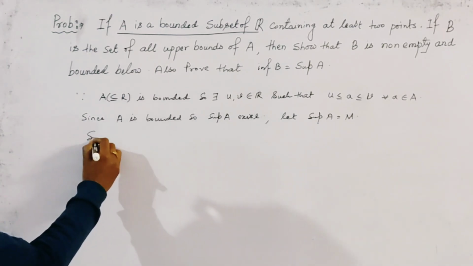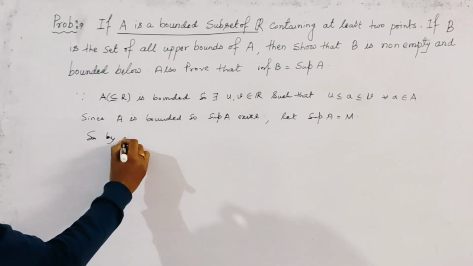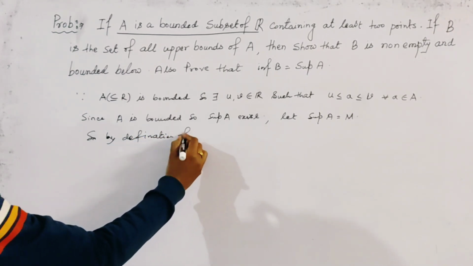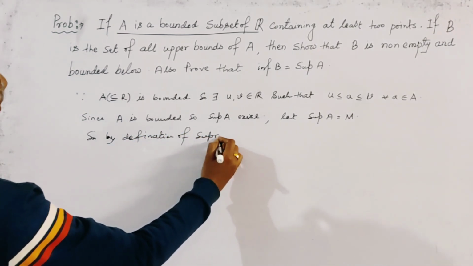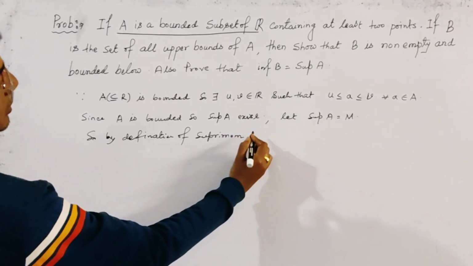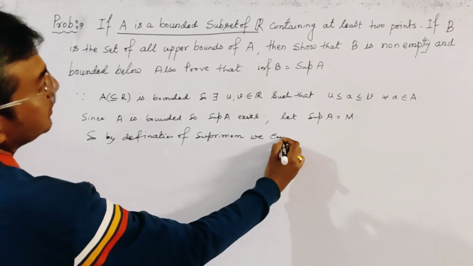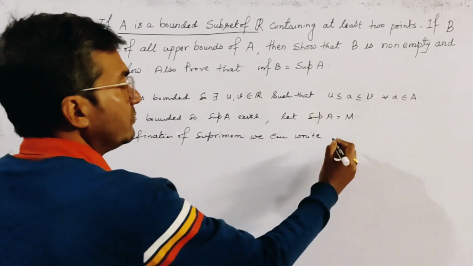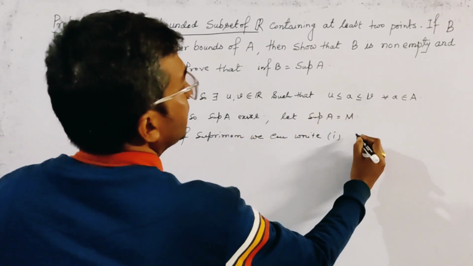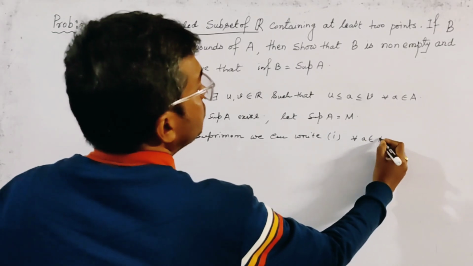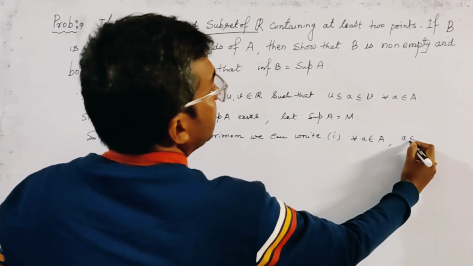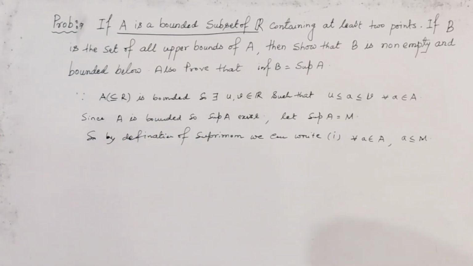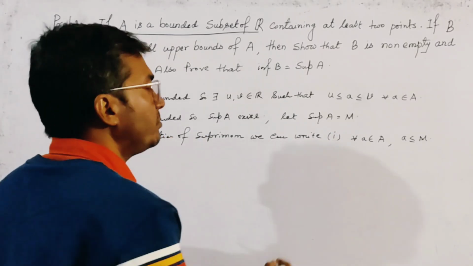So by the definition of supremum, we can write two properties. The first property is, for all a belonging to A, a is less than or equal to M. This is the upper bound property, the first property of supremum.